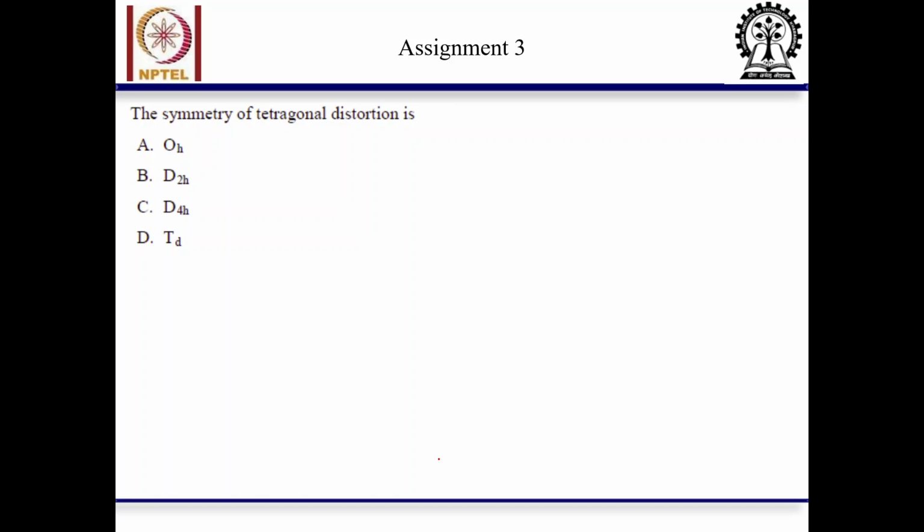I will wait for 1 minute and then I will tell the answer. Can anyone just write in the chat box?